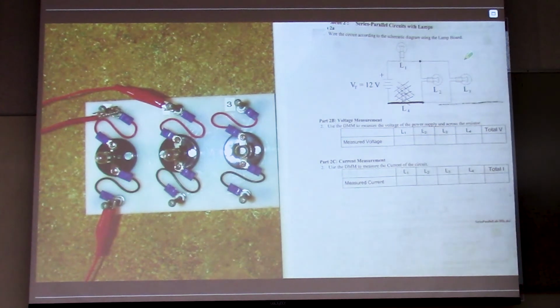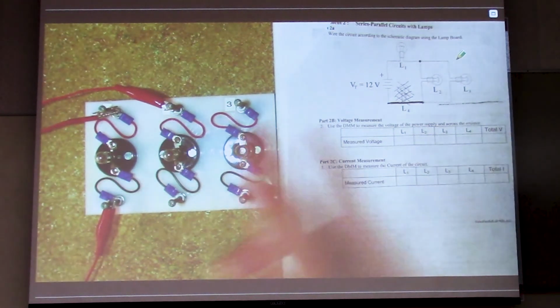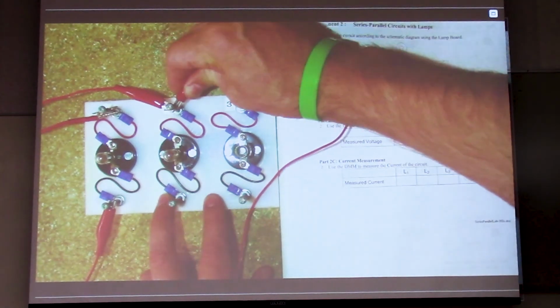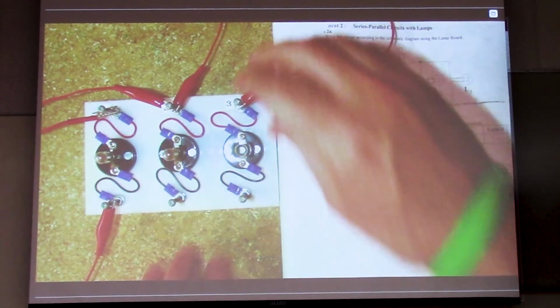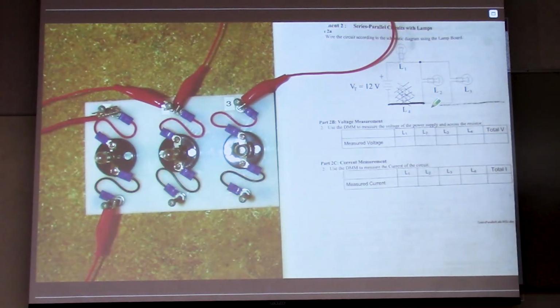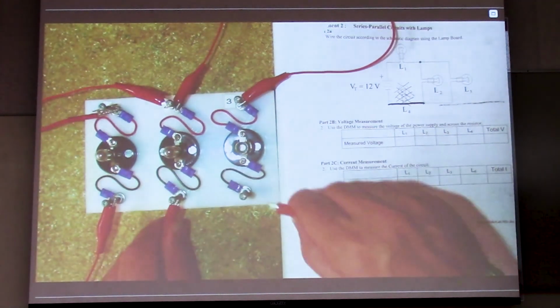Let's move on. The top of L2 is connected to the top of L3. So we're going to do that. L2 connects to L3. And then the bottom of L2 is connected to the bottom of L3. So you can use one of these alligator clips. Connect the bottom of L2 to the bottom of L3.